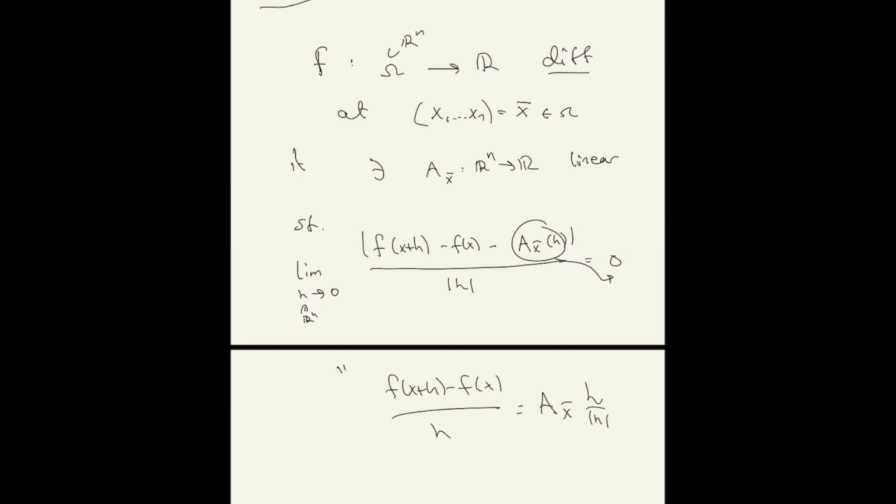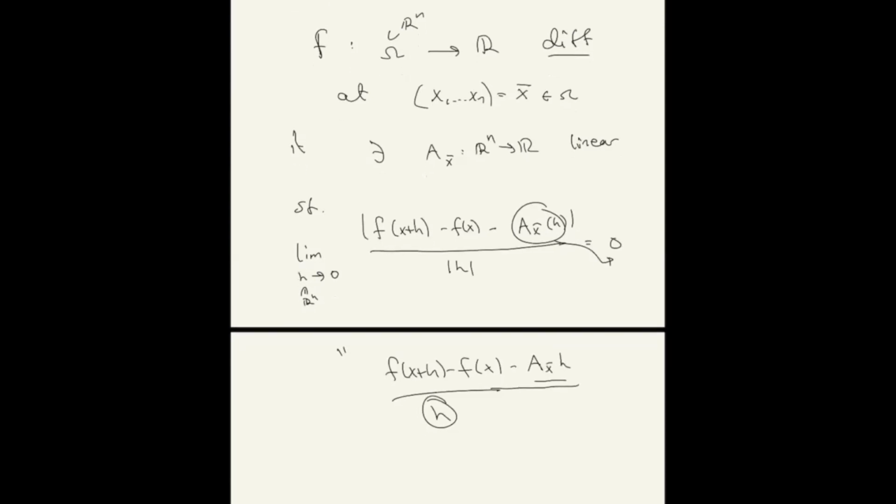But this is not valid because you can't divide by a vector. So this doesn't quite make sense. So it's better to think of this just as a correction term here. But we will see a lot more of what this does for you.